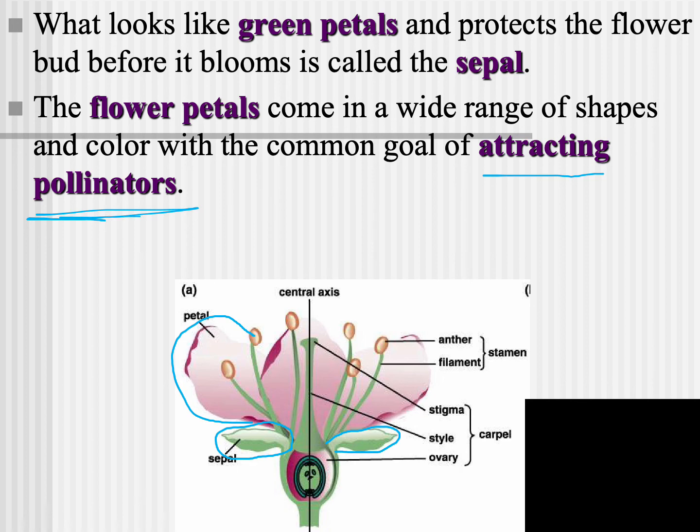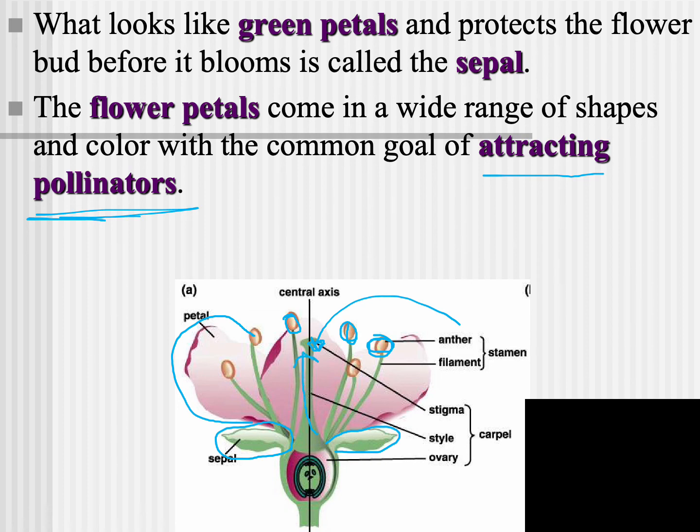The idea of a pollinator is to help to, on the stamen or the male flower part, it has pollen or gametes on it. They are going to go from plant to plant. They're going to eat some of the sugar that comes up here out of the carpel.